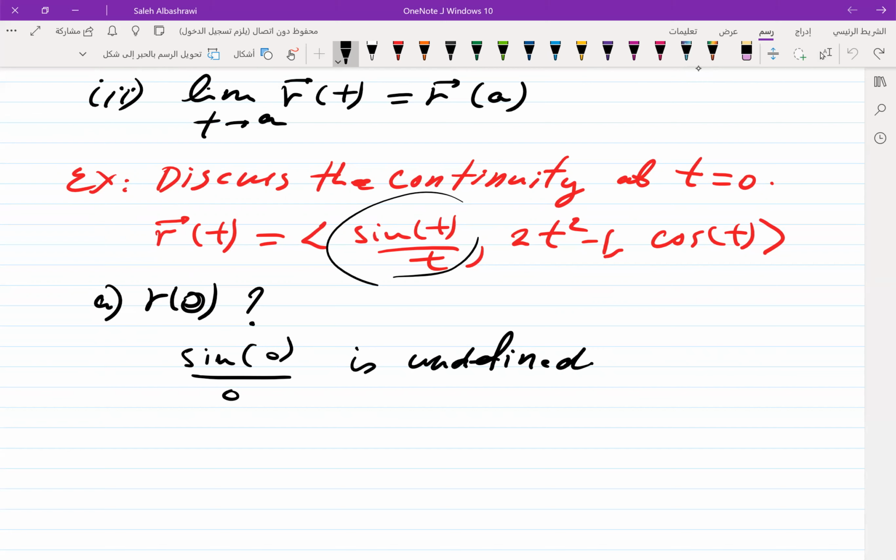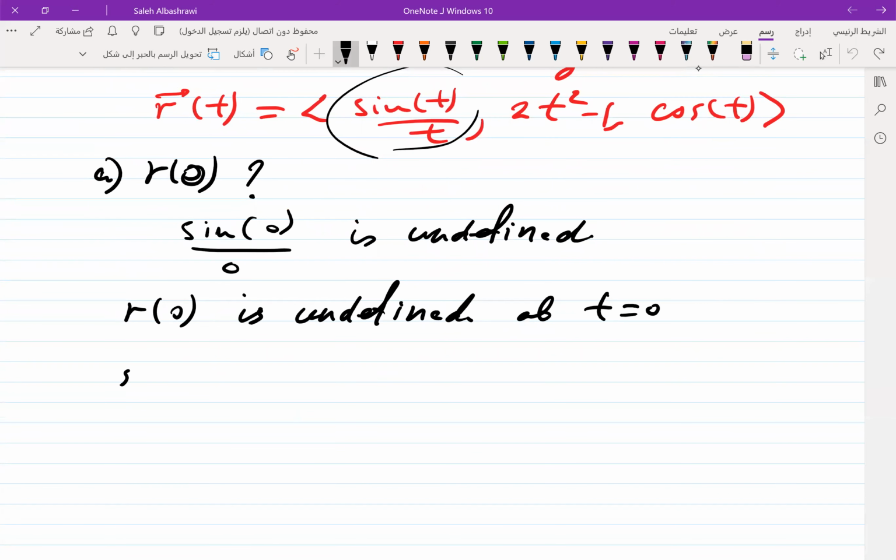So if we replace t by 0, the first component is undefined, which means r of 0 is undefined at t equal to 0, which means that the first condition is not satisfied.